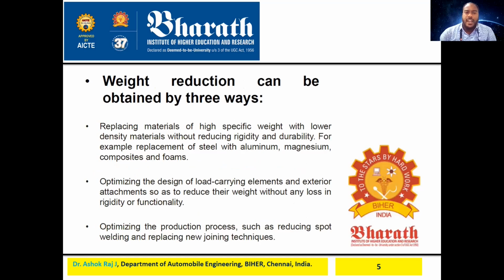And weight reduction can be obtained in three ways. What are the ways? First, replacing the material of high specific weight with lower density material without reducing rigidity and durability. For example, replacement of steel with aluminum, magnesium, composites or foams will reduce the weight. In olden days, all structure applications used steel, but nowadays composite materials are there with the same strength, rigidity and durability.